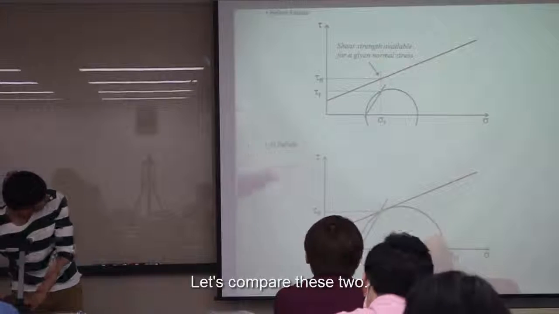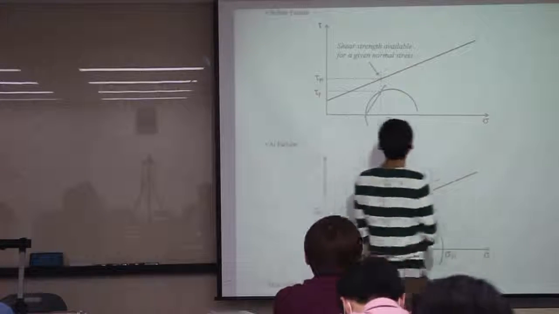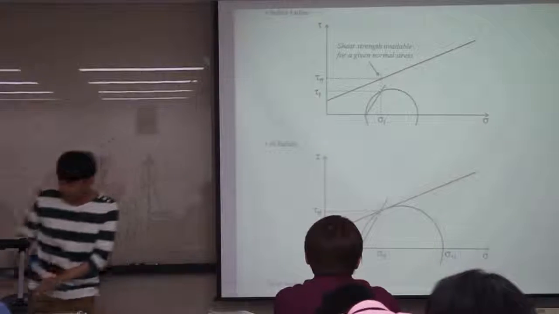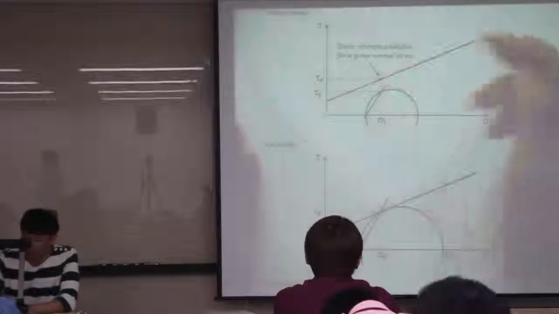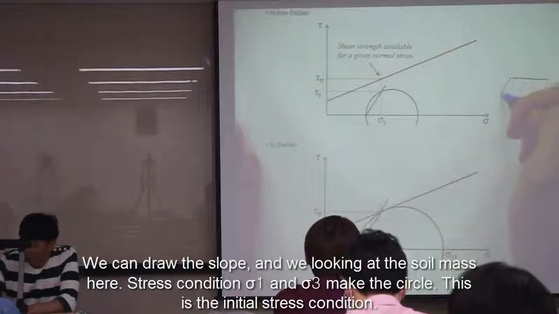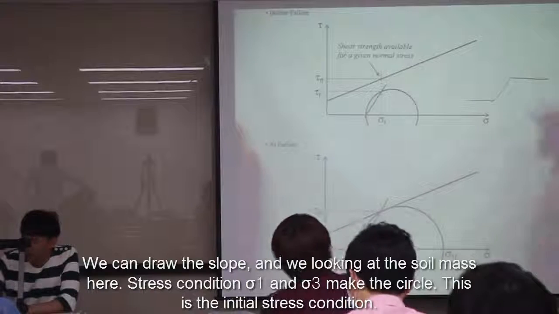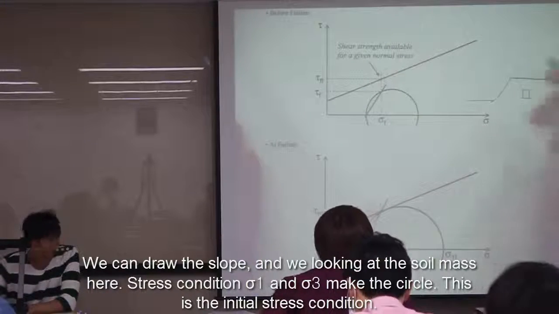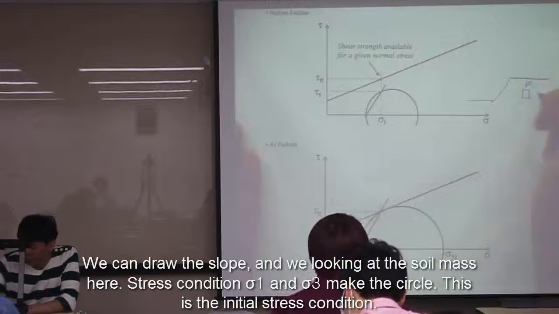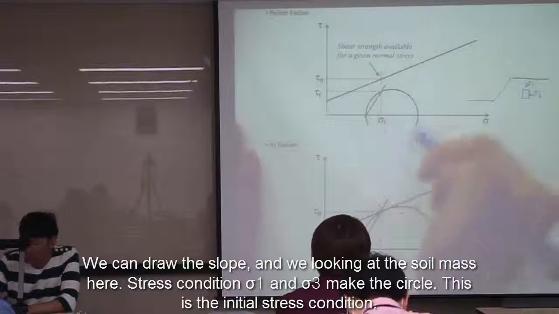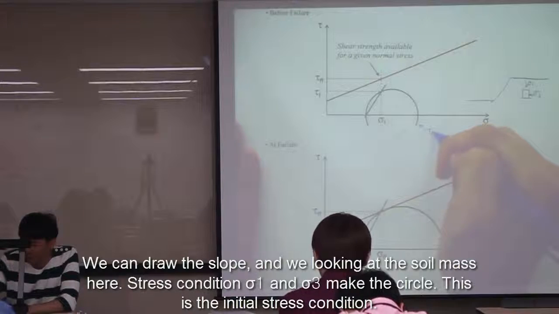let's compare these two. We can draw the slope here. And we are looking at the soil mass here, and stress condition sigma 1 and sigma 3, the major and minor principal stresses, made this circle. This is the initial stress condition.